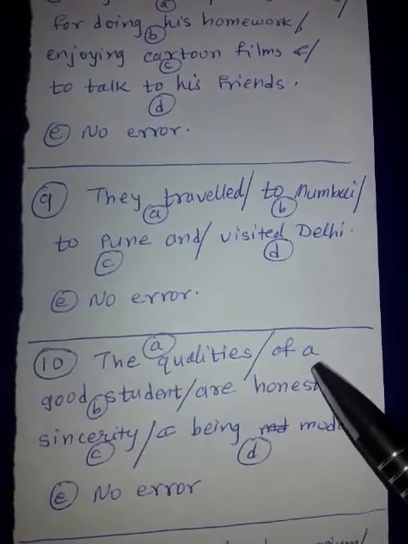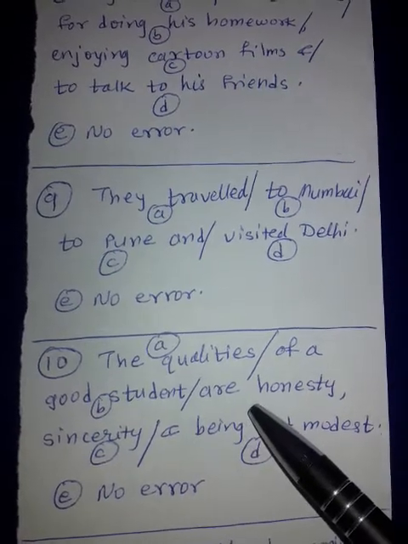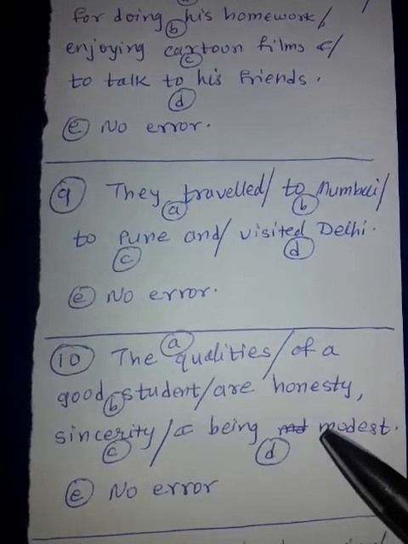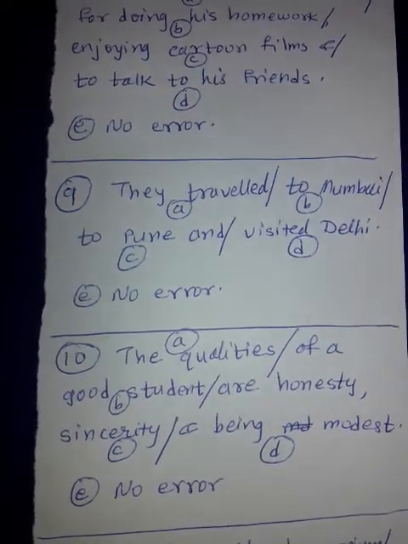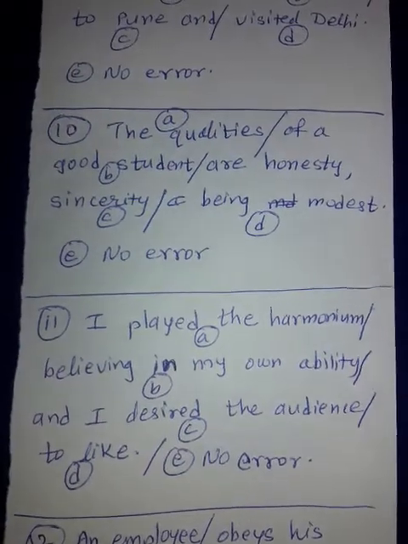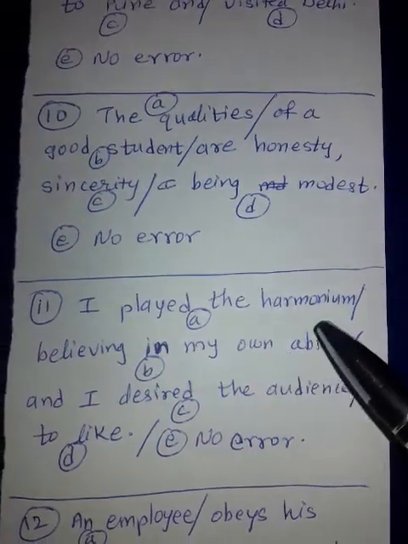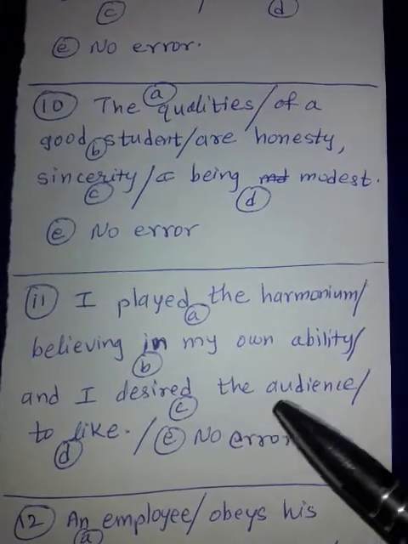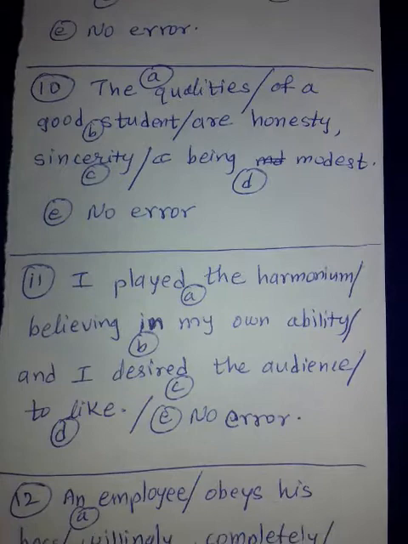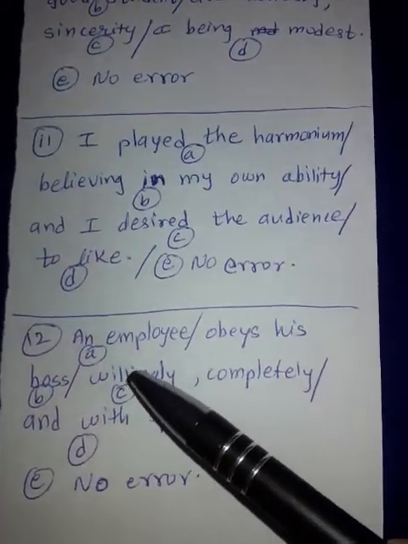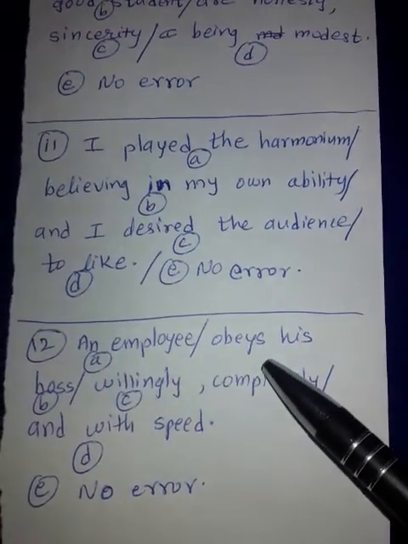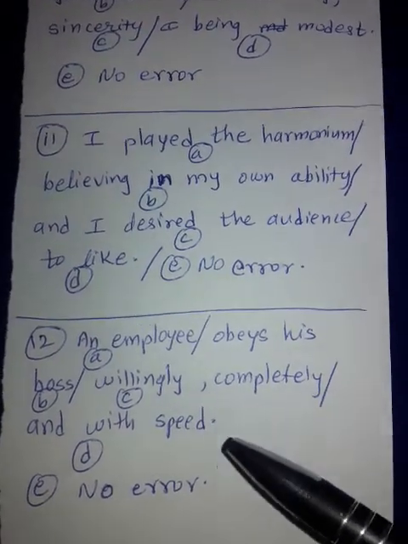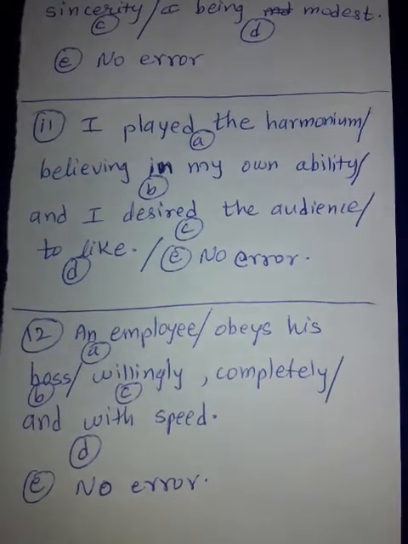The qualities of a good student are honesty, sincerity, and being modest. I played the harmonium, believing in my own ability, and I desired the audience to like. An employee obeys his boss willingly, completely, and with speed.